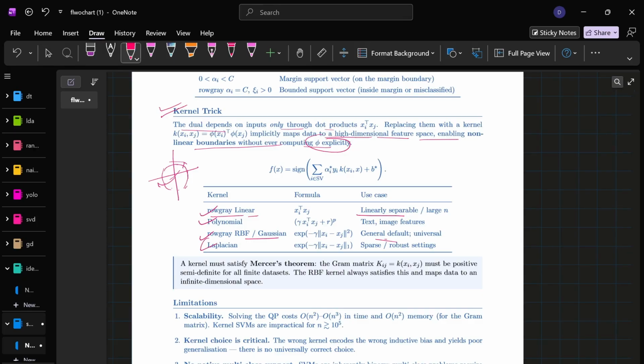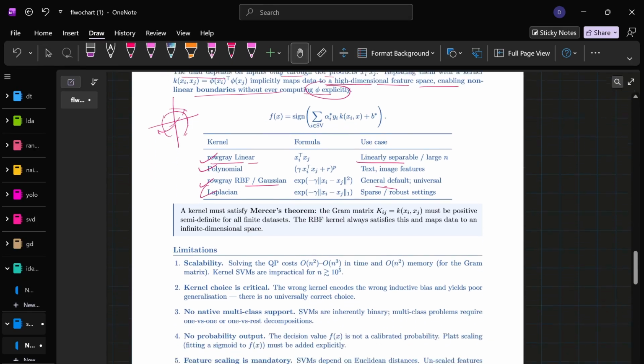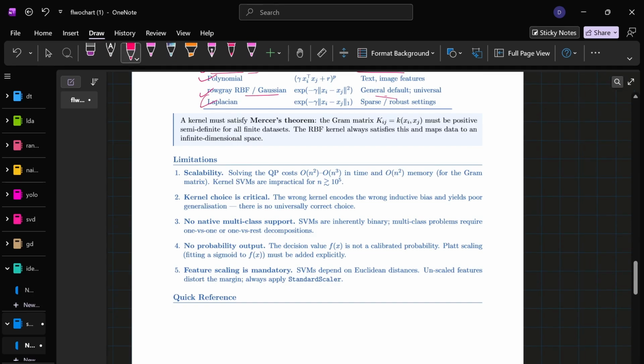Moving forward, we can see some limitations of SVM. First of all, SVM becomes very slow for large datasets due to the training complexity. Second, choosing the correct kernel is difficult, and the wrong kernel can give you very bad performance. Third, SVM is naturally for binary classification only.